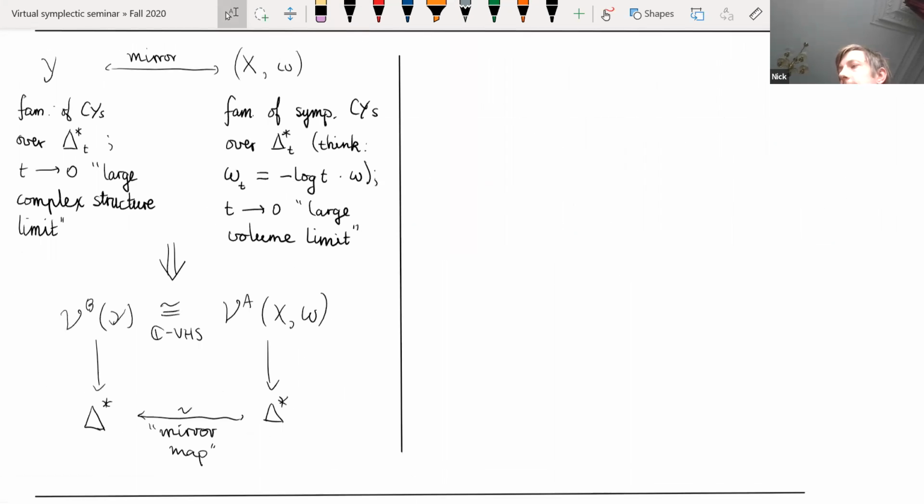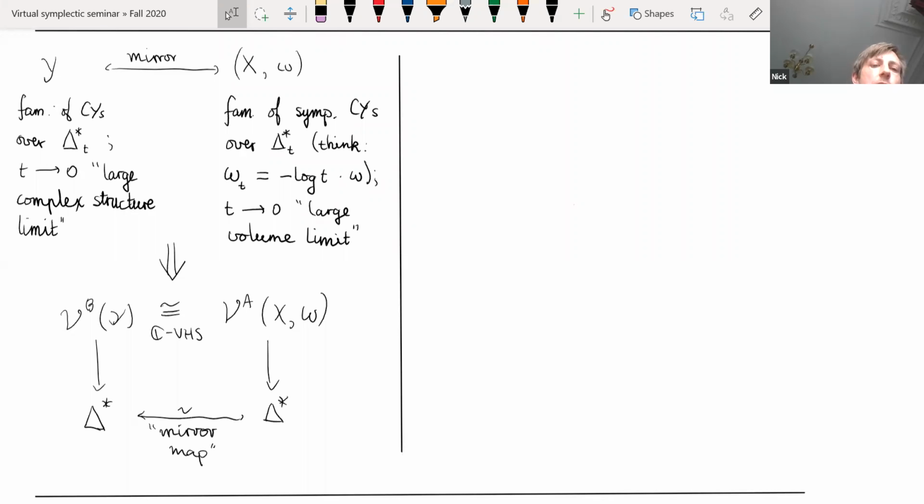And mirror symmetry matches up these two different constructions of complex variations of Hodge structures. So we suppose that we've got a B side, Y, a family of Calabi-Yau varieties over a punctured disk, and the puncture corresponds to a large complex structure limit, a maximal degeneration of the variety.